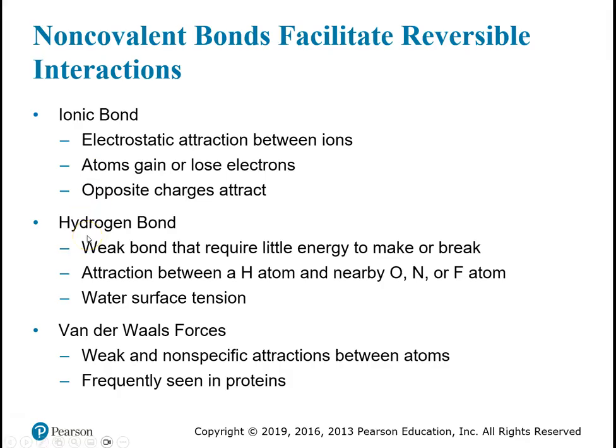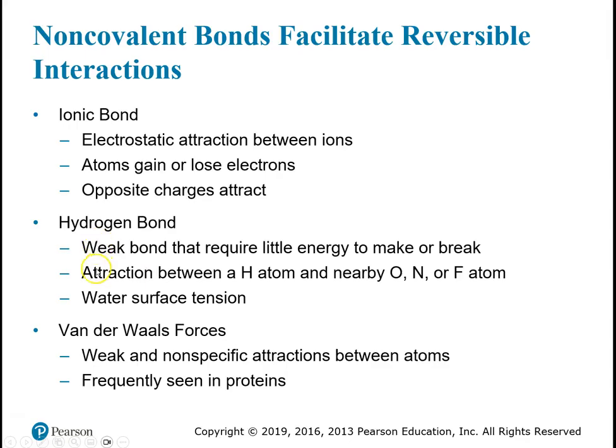Hydrogen bonds are the other thing I'm going to talk about right now before I end this video. We're going to talk about van der Waals forces later on when we talk about proteins, because we really see those mostly in proteins. But hydrogen bonds and ionic bonds are pretty weak. They don't require a lot of energy to create or break these bonds. So ionic bonds, I'll show you an example here in just a moment.